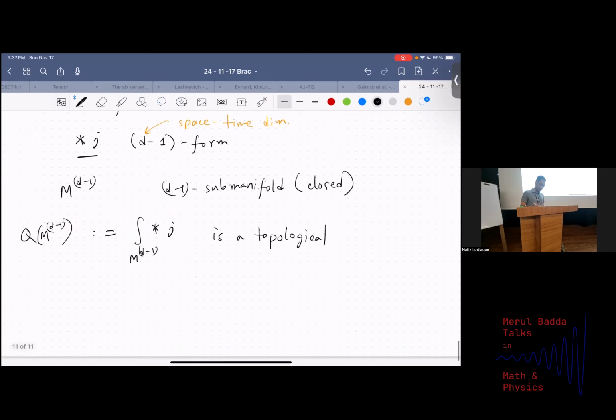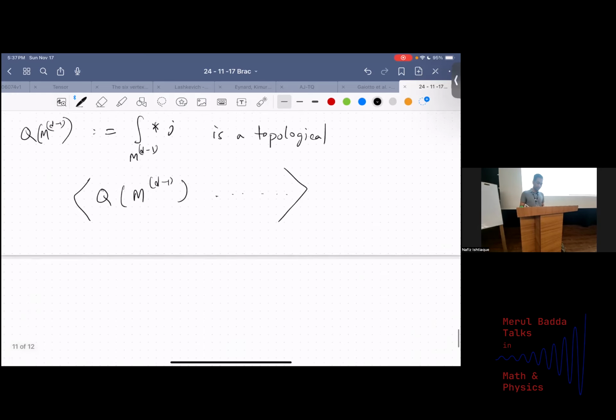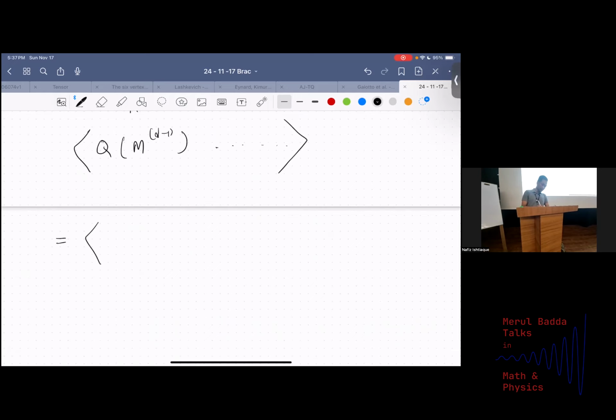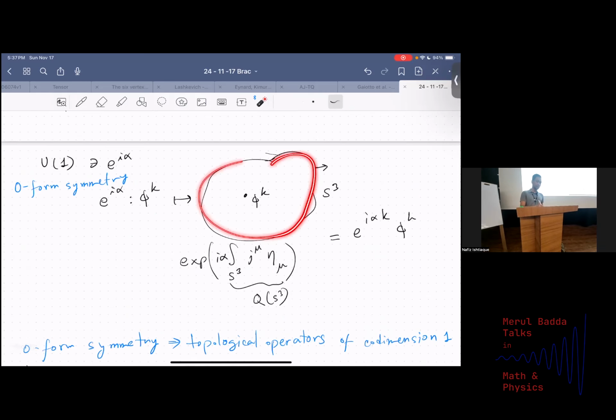When I said it's topological, I mean that if I'm computing some kind of correlation function where I have inserted this operator, and I have other operators, they can be whatever, then this correlation function is going to remain invariant if I change the support of my operator. So instead of M_{d-1}, I can take M tilde_{d-1}, where M tilde is a smooth deformation of M. So here you had this S3, you kind of put a dent somewhere in the S3.